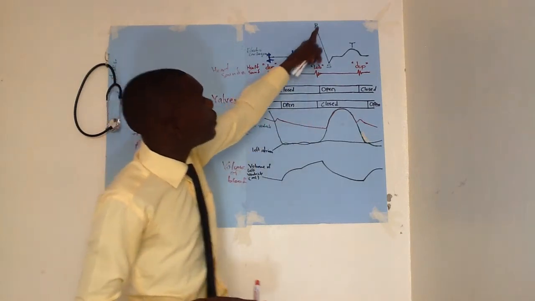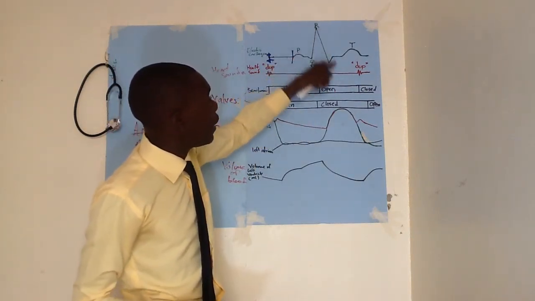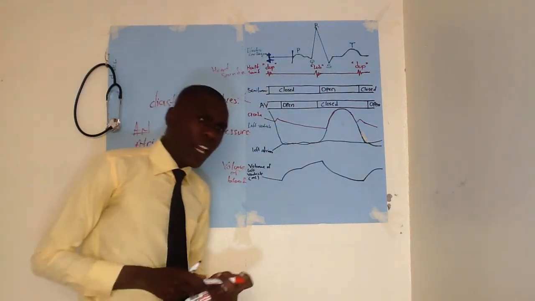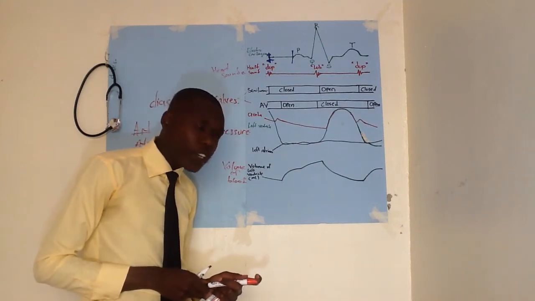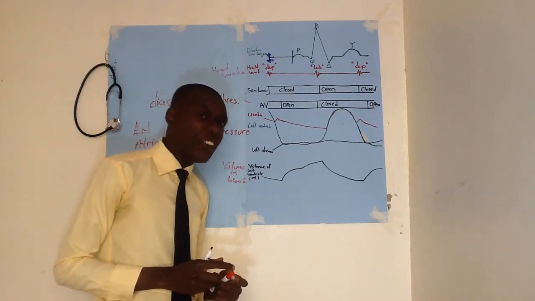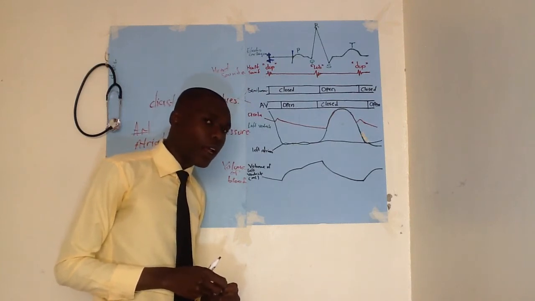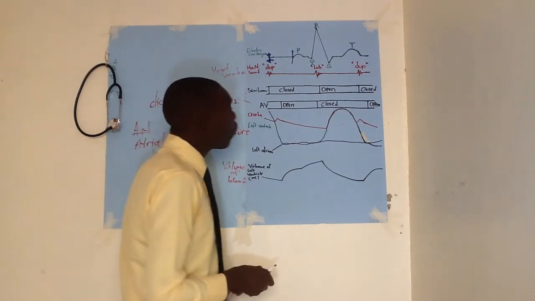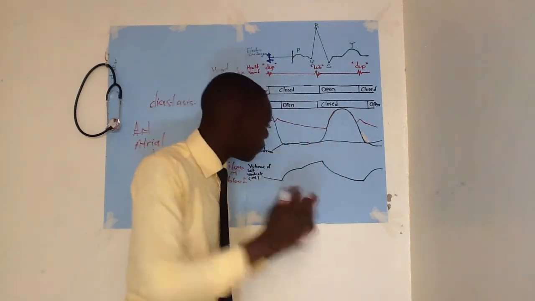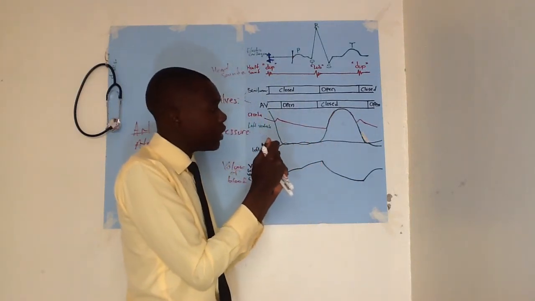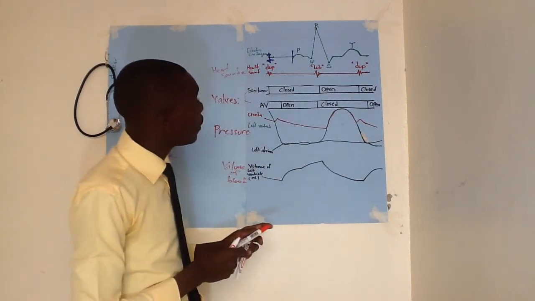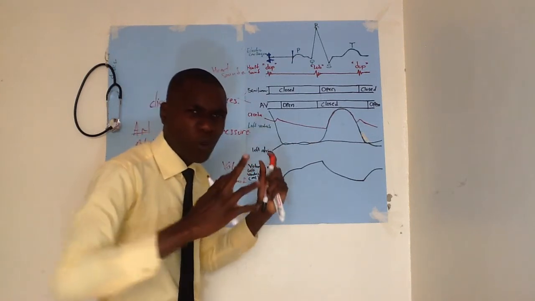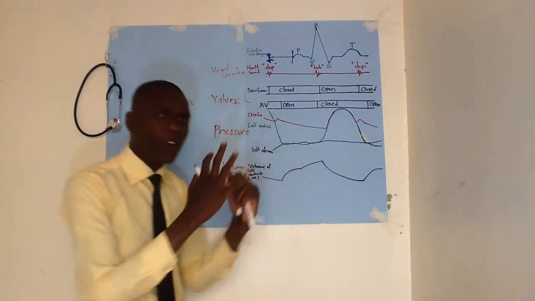So here, the ventricles are depolarized at the QRS. When the ventricles are depolarized, they immediately undergo contraction. The ventricular cardiac tissue, the myocardium, undergoes contraction. When they contract, that contractive force is going to increase the pressure within the ventricles. The pressure within the ventricles increases.